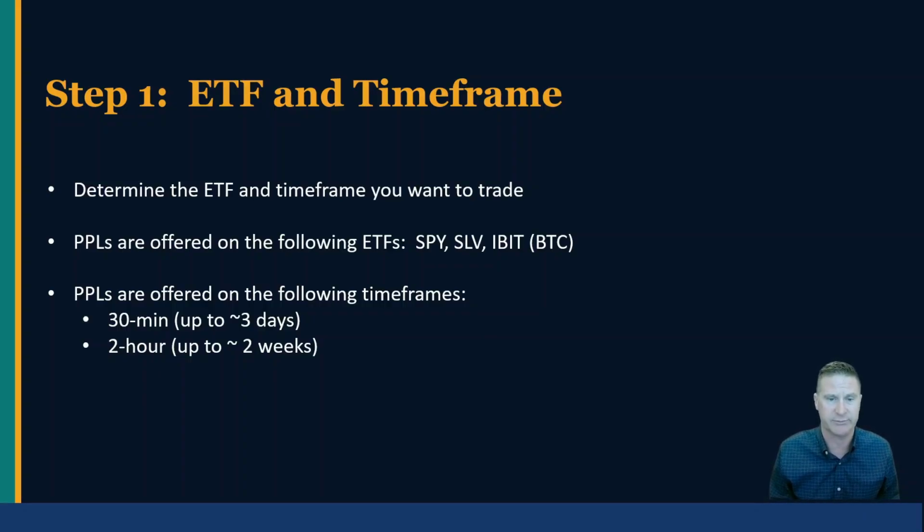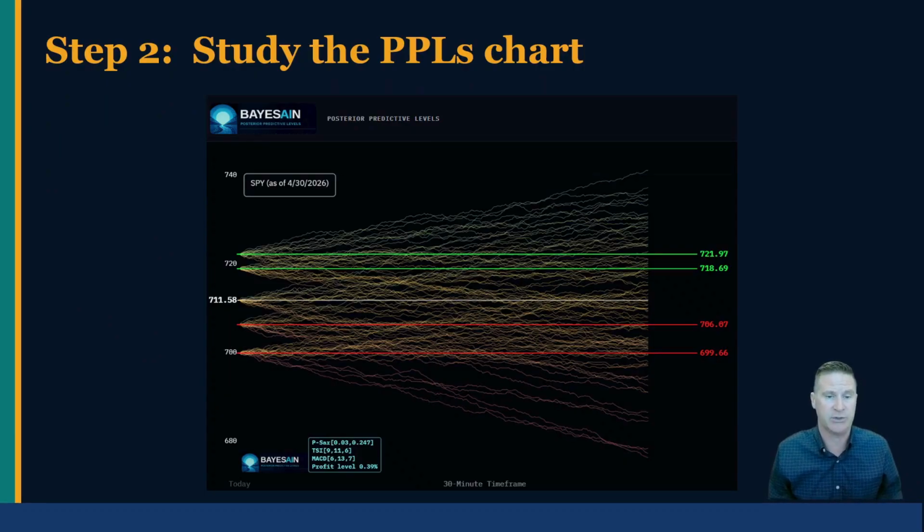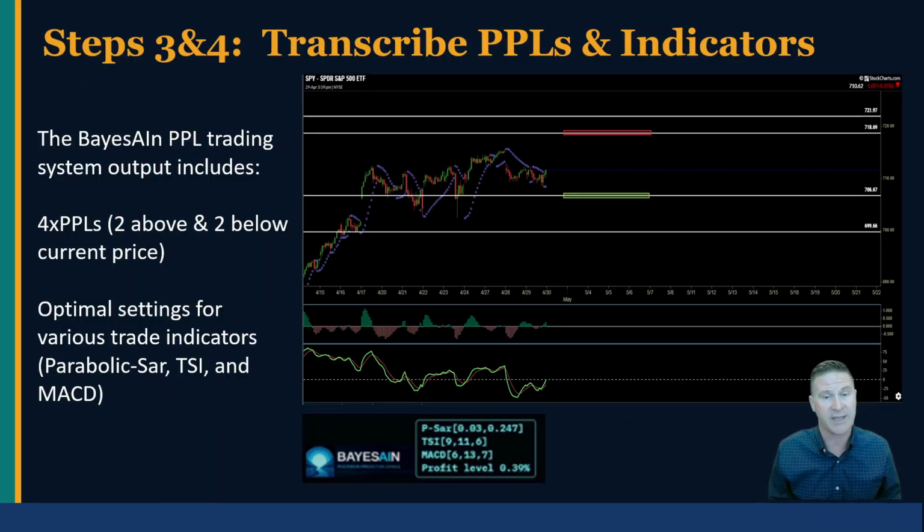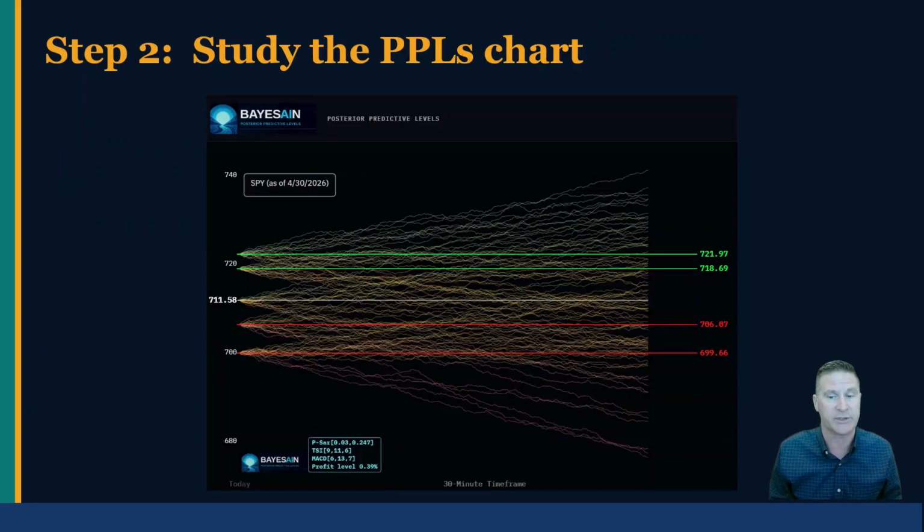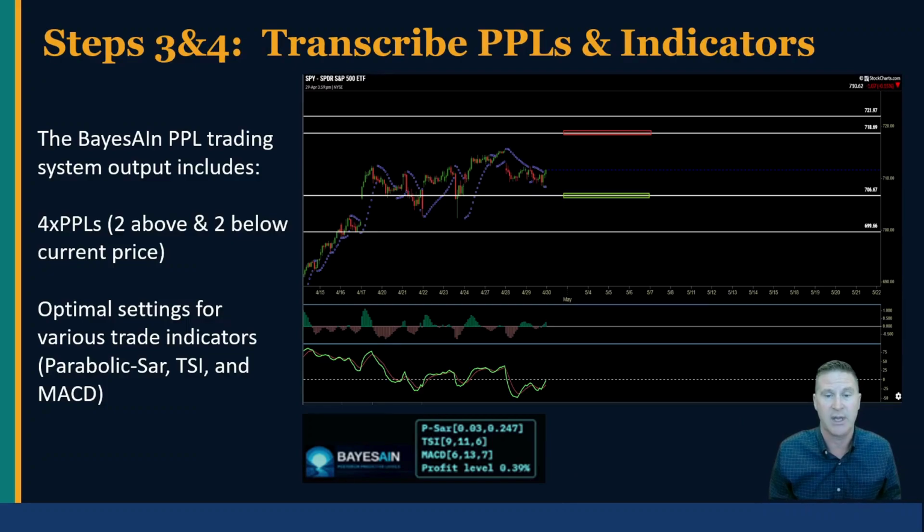So different time frames. Now, as I just showed you, here's an example of a PPL from several days ago for SPY, and the PPLs were calculated, so I don't have to go over all that again. But what we want to do next is transcribe the PPLs that were calculated by the algorithm onto your chart service of choice.